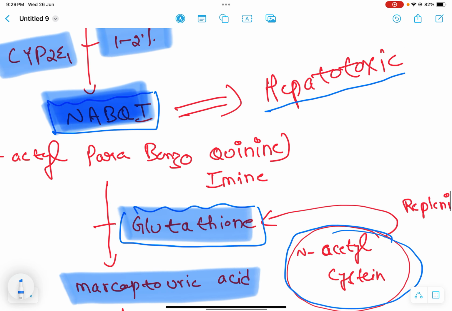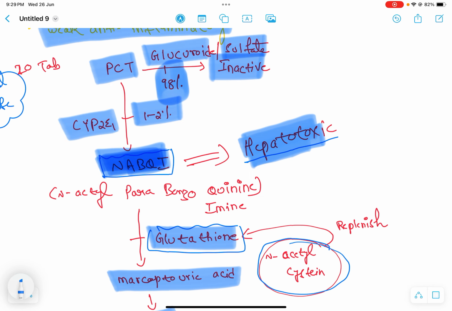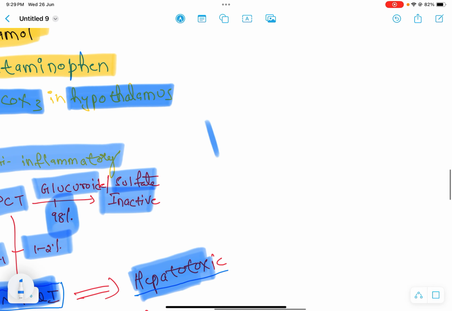Accumulation of NAPQI is hepatotoxic. Therefore, we say that paracetamol causes liver damage.